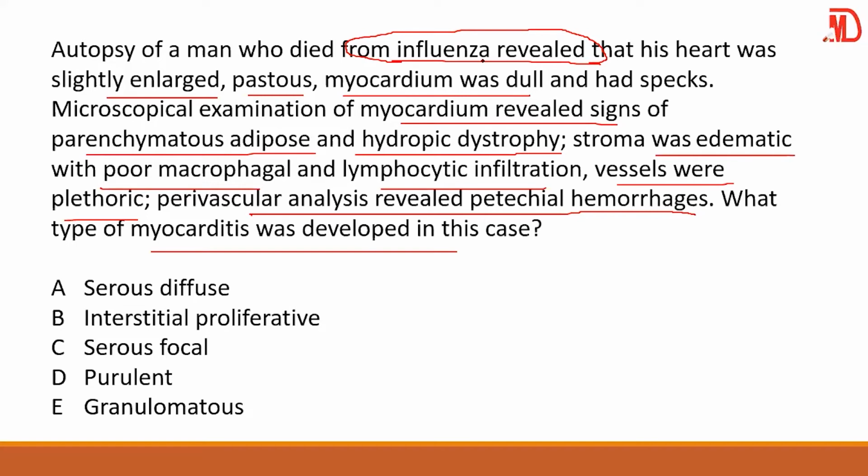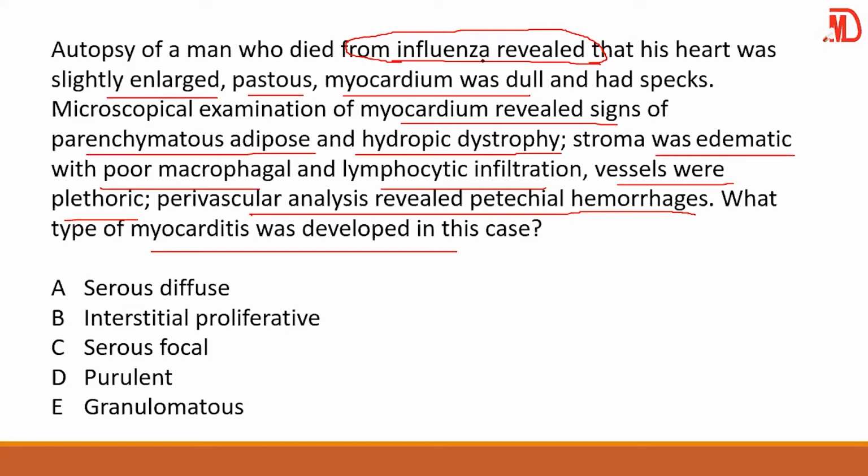But this is of viral origin, and viral origin normally leads to a clear fluid. A clear fluid, or non-viscous fluid, means serous. So over here, we are looking at serous inflammation.